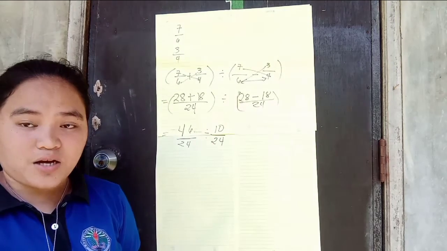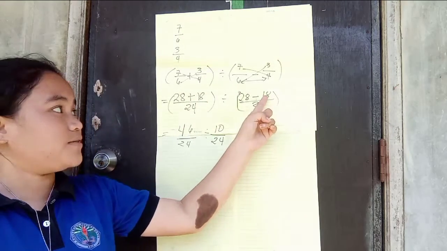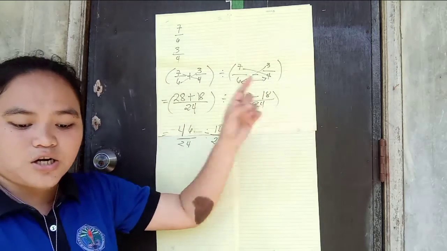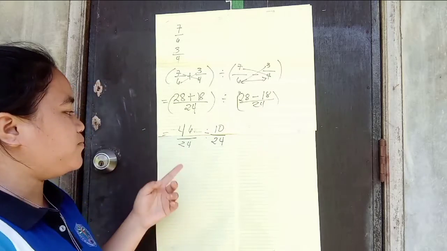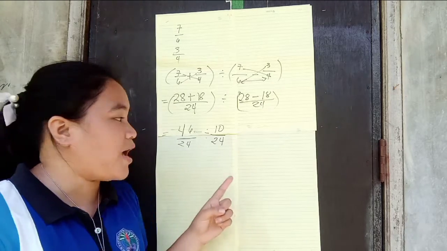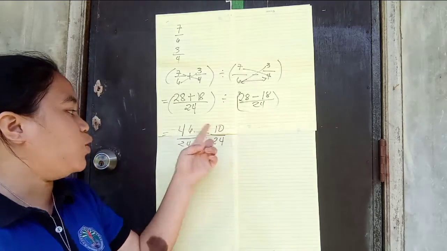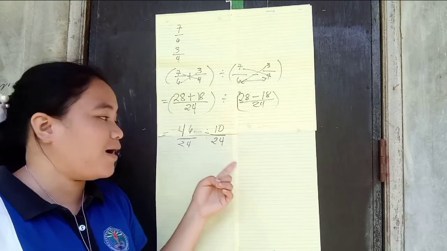Ganyan na po yung magiging construction niya. Kasi po, pinag-add and pinag-minus na po natin yung naging sagot natin sa cross multiplication. Now, find the LCD or the least common denominator. So, ang least common denominator po nila is 2. Kasi pwede po natin silang i-divide lahat sa 2.